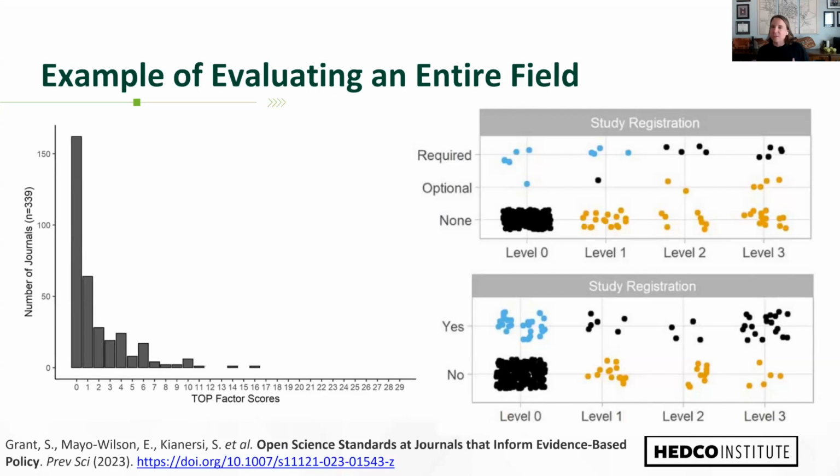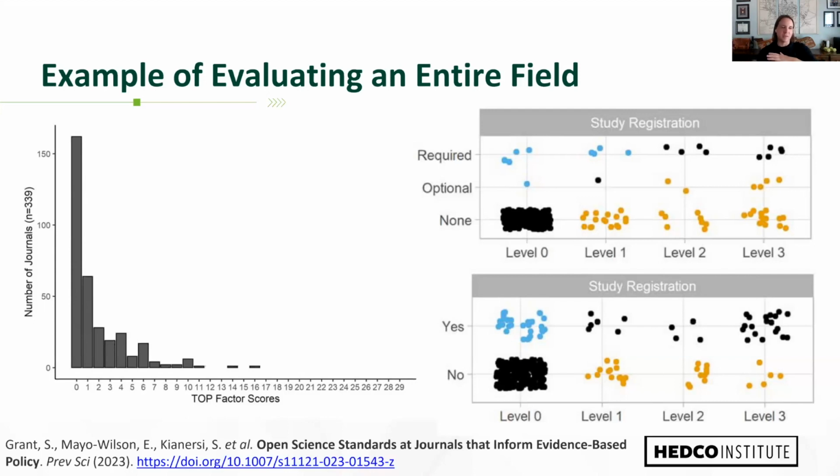So 2 examples, you could either use this as a meta-research study to evaluate an entire field. Hot off the presses at Prevention Science is the work that we did to assess the 300 plus journals that we have identified as being used to inform evidence-based policy, really the designation of evidence-based programs that are eligible for federal funding across various social sectors.